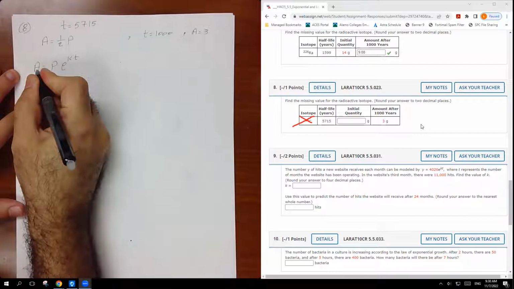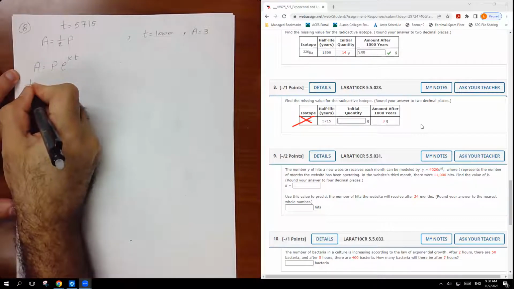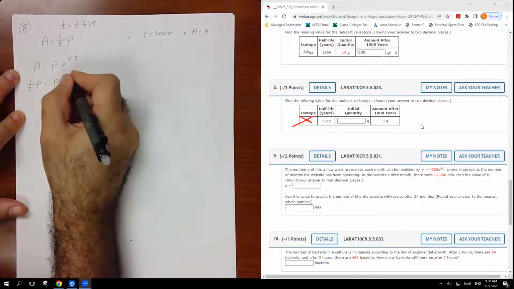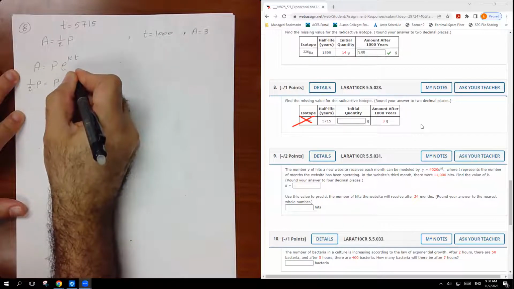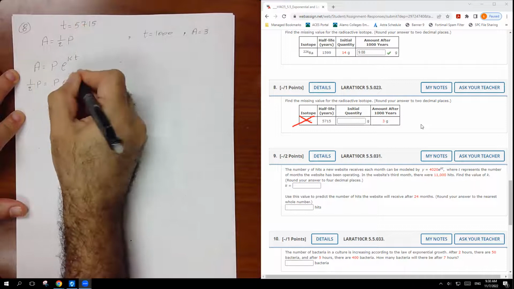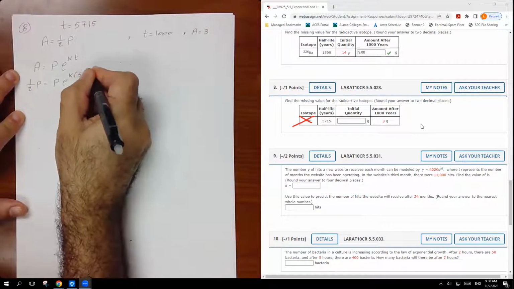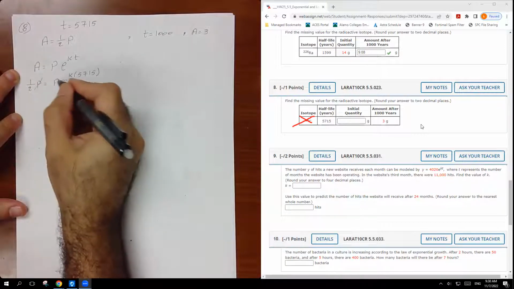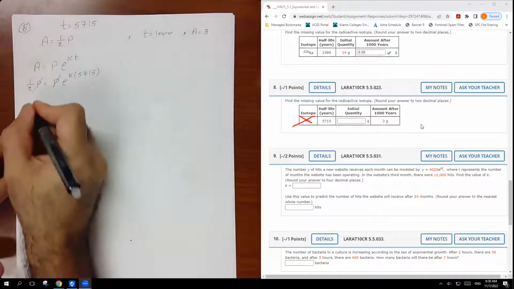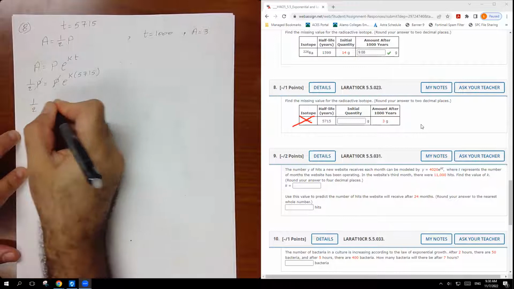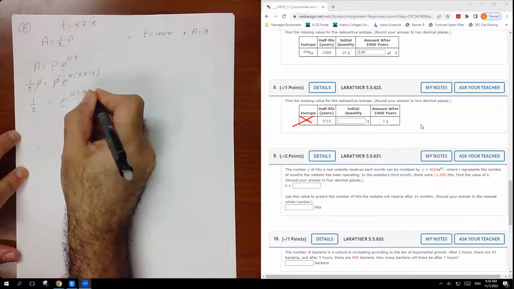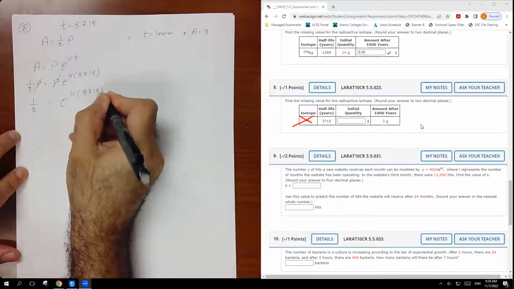So half the initial, so it's going to be half P equal P E to the K, that's what we need to find, and the time is 5715. Now cancel the P from both sides. So we have half equal E to the K 5715.